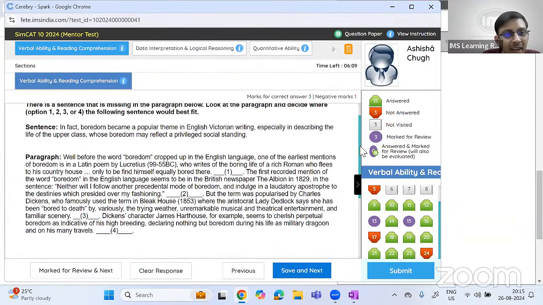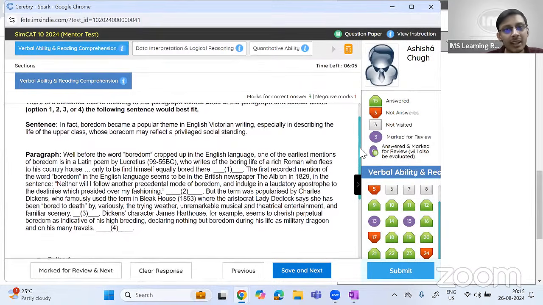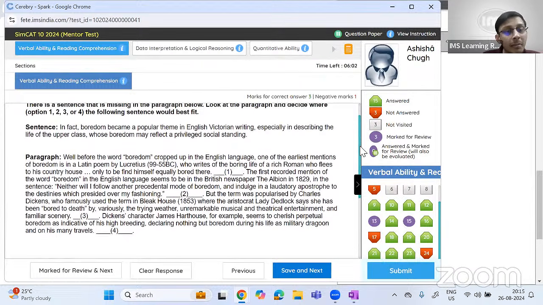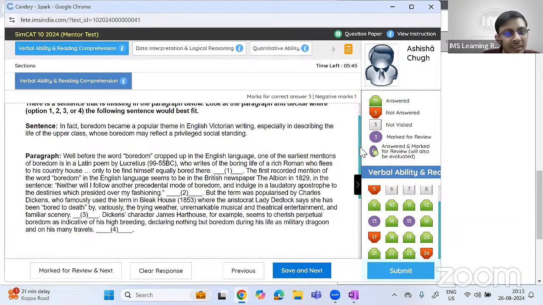Okay, sentences. In fact, boredom became a popular theme in English Victorian writing, especially in describing the life of the upper class, whose boredom may reflect a privileged social standing. Well before the word boredom cropped up in the English language, one of the earliest mentions of boredom is in a Latin poem, which writes of the boring life of a rich Roman who flees his country house, equally bored there.